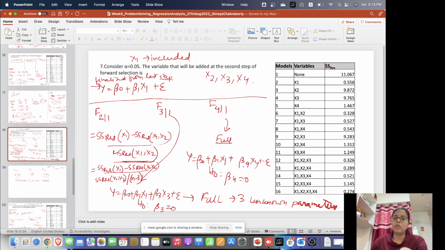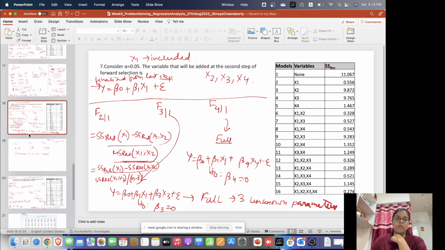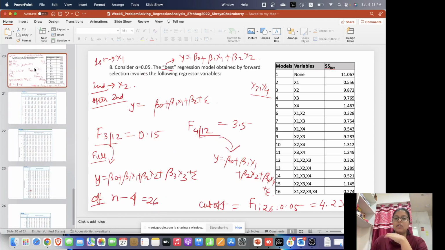Similarly, we'll also check the reverse, f1 given 4, f1 given 3, after the second step. By repeatedly doing this over and over again, we'll arrive at the best regression model from stepwise regression.